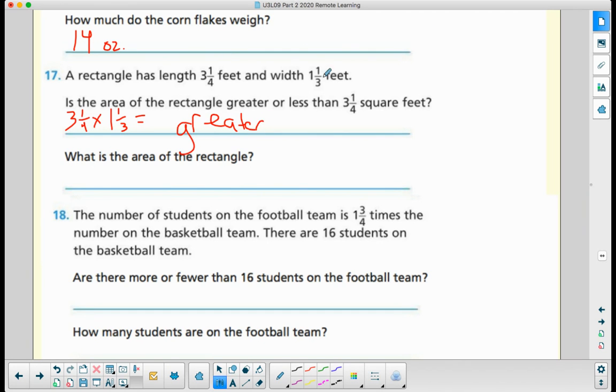I always tell students, whenever you have the area of a rectangle, it's an easy one to draw. My length is 3 1/4.